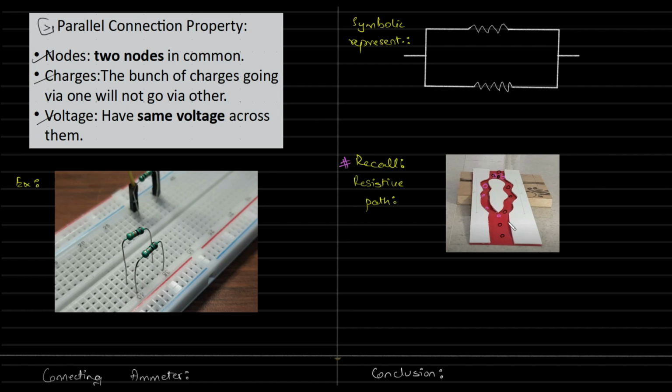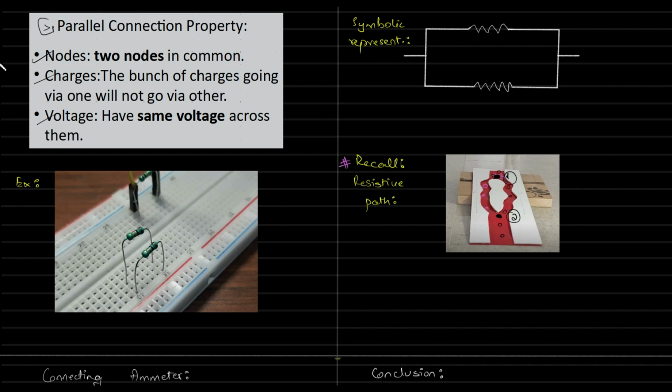Whatever went through one did not go through the other. And you can clearly see they share two nodes, that is two connections, one at the top and another at the bottom. So this is your node 1 and this is your second node. The voltage remains the same. That again we will understand once you do the numericals.